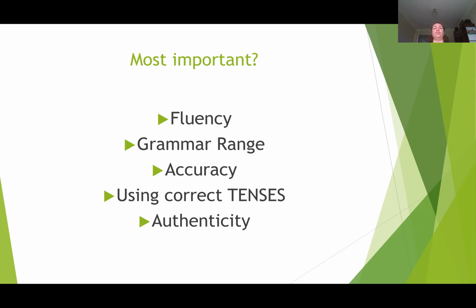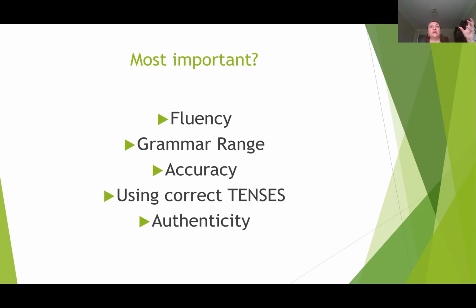And then finally, authenticity. A big problem that they have said about Chinese students is that many of the students have tried to memorize particular answers to questions. So when they're expressing themselves, they sound a little bit more like either an alien or a machine. This means that it's not an authentic response.